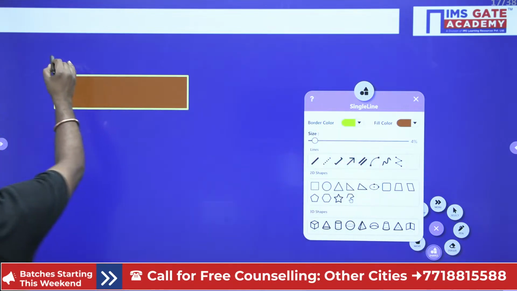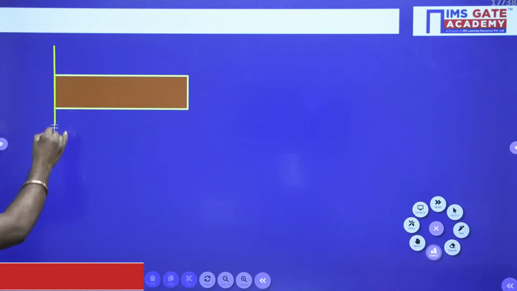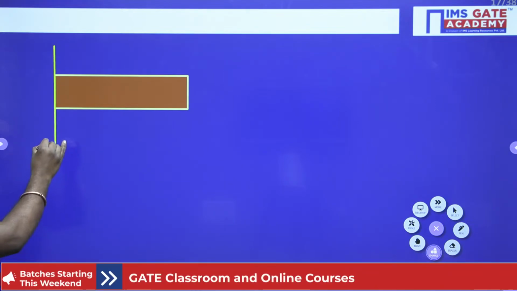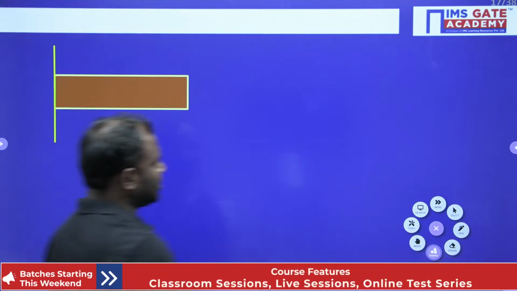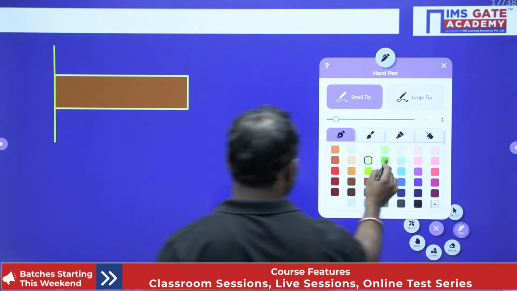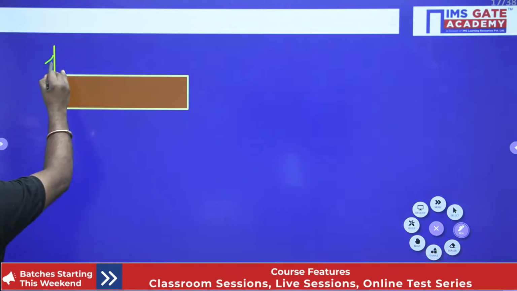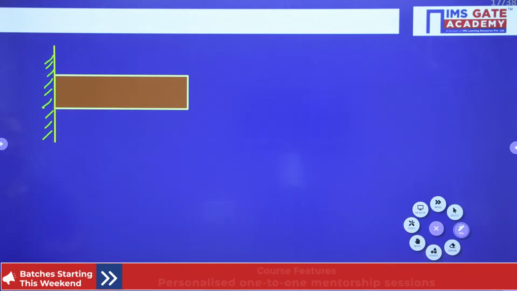Now say that it is fixed at this position. It is fixed at this position, right, guys. This is a rectangular bar.